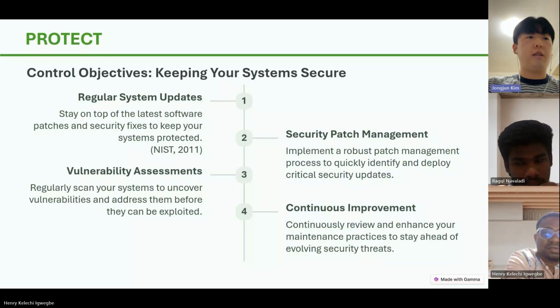For instance, in healthcare organizations, only doctors and nurses can access patient records. NIST 853 emphasizes that access control policies are vital for maintaining the confidentiality and integrity of information.